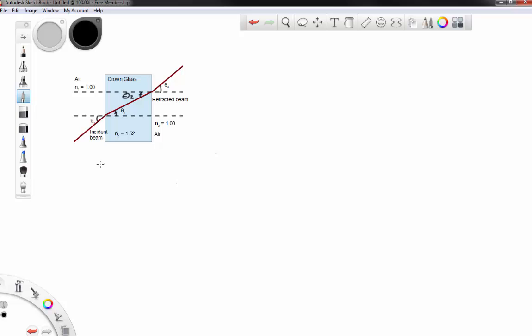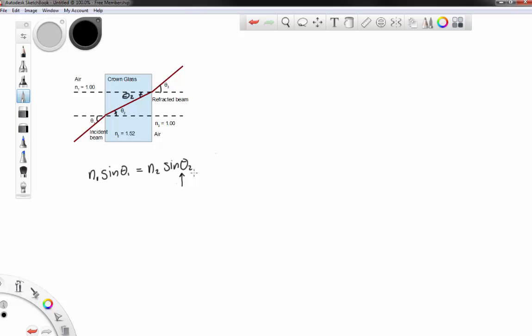All right, well, let's do Snell's law. So we have N1 sine theta 1 is equal to N2 sine theta 2. All right, we're solving for theta 2. This is going to be the same process as we used in the previous one, so basically all the same steps that we just took.